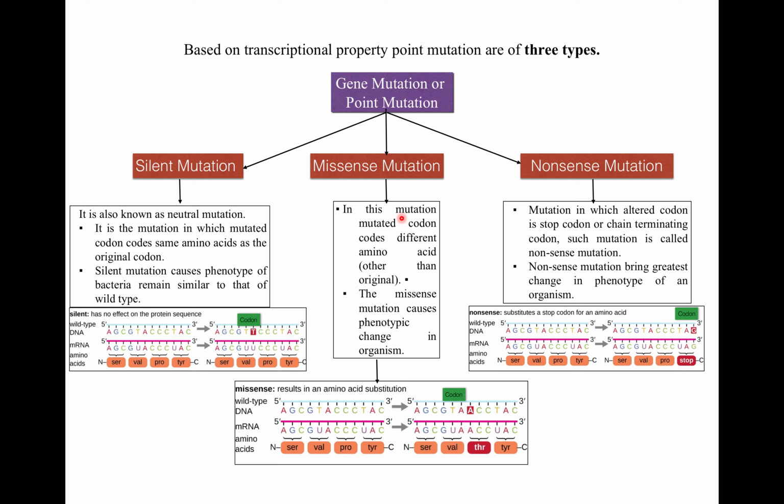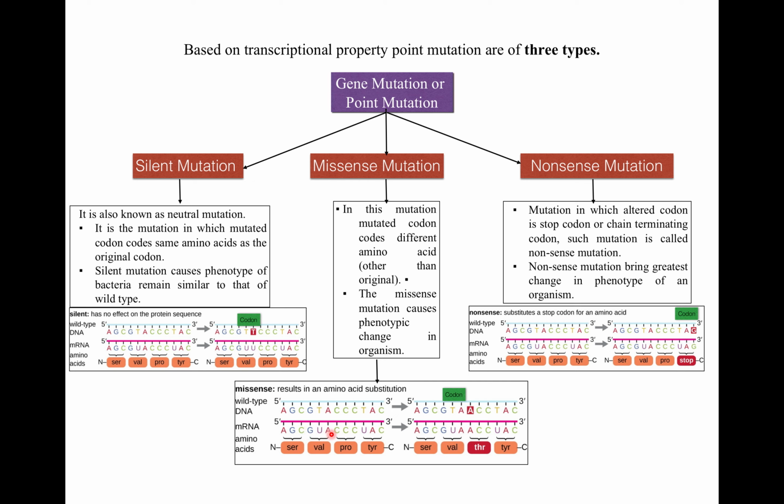Here wild type DNA, AGC, GTA, CCC, TAC. Now in missense condition there is an addition of A. So it becomes AGC, GTA, ACC and TAC. So the mRNA sequence again changes.